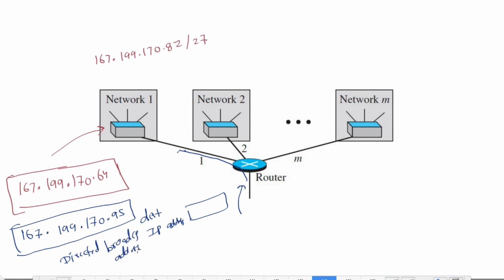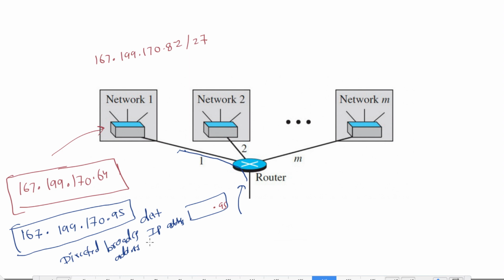for this network. Now what is the use of the directed broadcast address? Basically, if some packet has this as its destination IP, let's suppose the incoming packet has .95 as the destination IP, then this packet will get delivered to every host in this network.